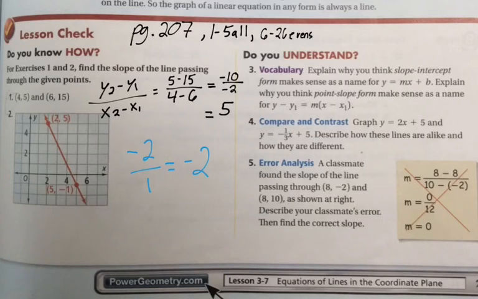It's a common mistake. Aiden? The X's are on top instead of the Y's. Good. We have to have the Y's on top. It's the difference in Y's over the difference in X's that tells us the steepness, the slope of the line.